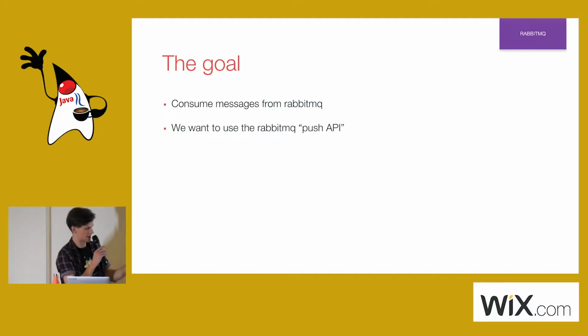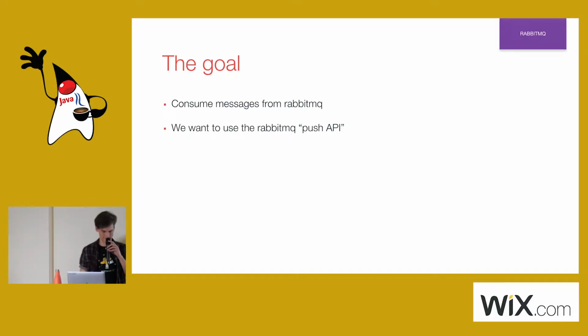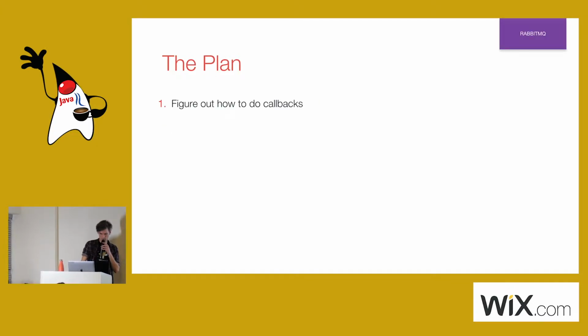The reason we want to do that instead of using the pull-based API, where you ask the RabbitMQ server to give you any messages, is for kind of the same reasons that the last thing did not work out so well, because if you're polling, you can block, and you don't want to block. And with polling the message queue, you might not want to have a bunch of workers doing that. So the plan would be to figure out how to do callbacks.